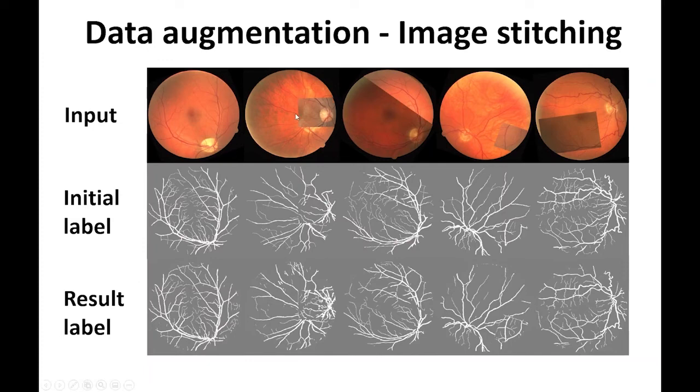And the filled area can be any size. This is small, this is big, and any angle. This is the 75 angle, and this is maybe a 30 angle.